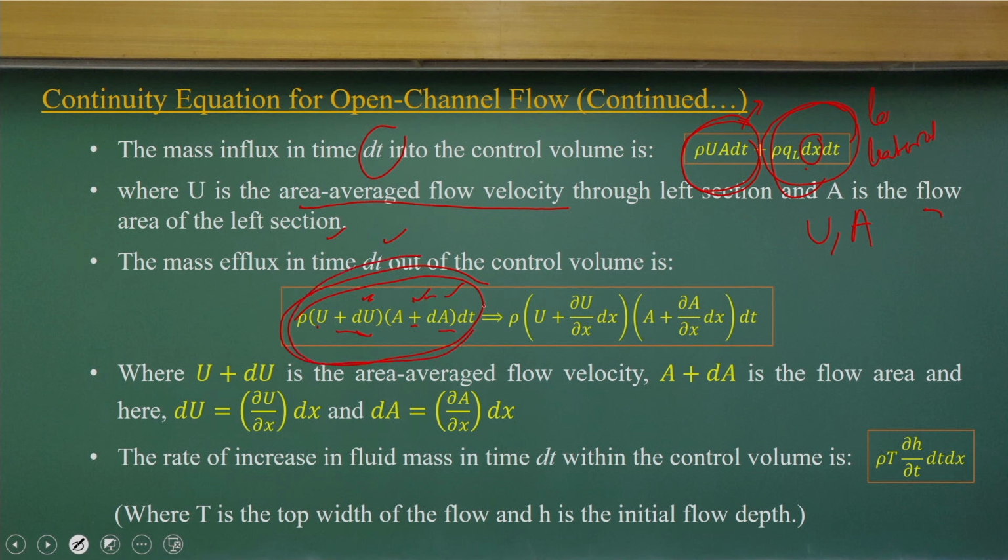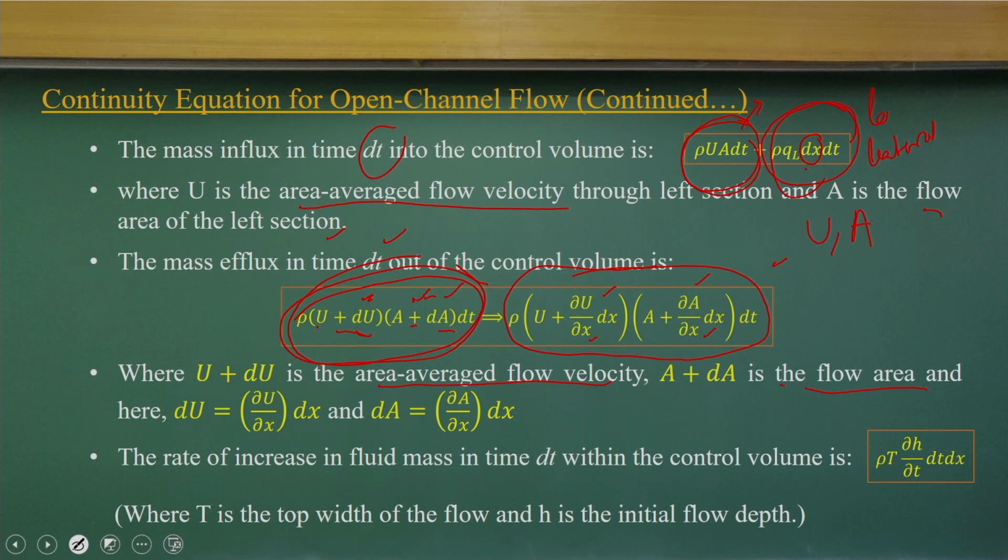That's the mass efflux out from this control volume, and mathematically we can derive it as u and a being functions of the x direction. Here u is the area average flow velocity and A stands for the flow area at a different time.